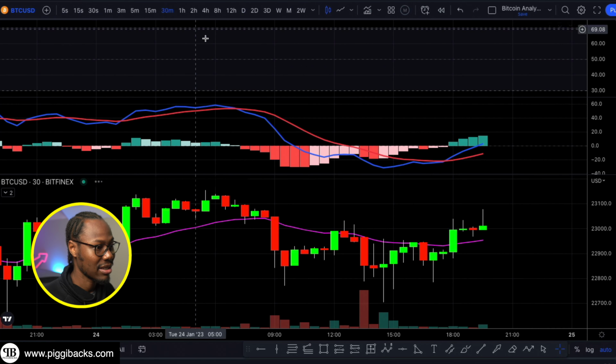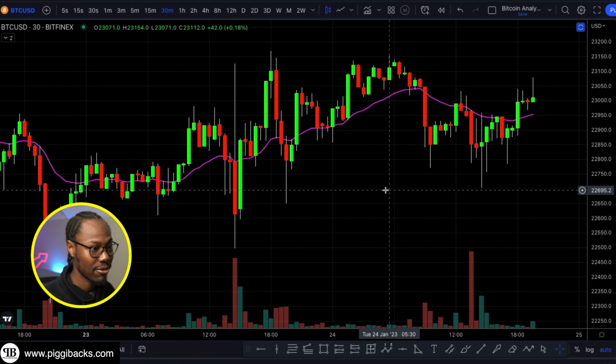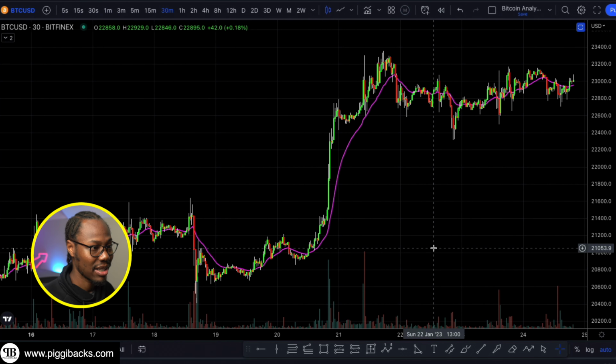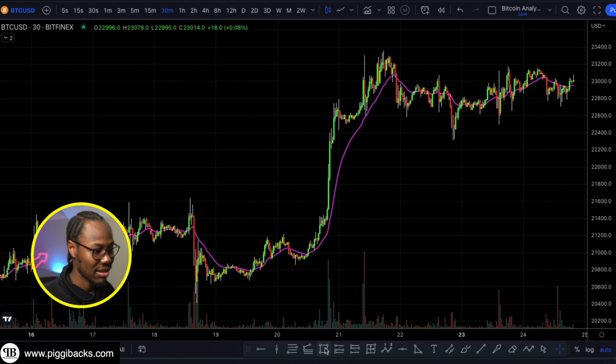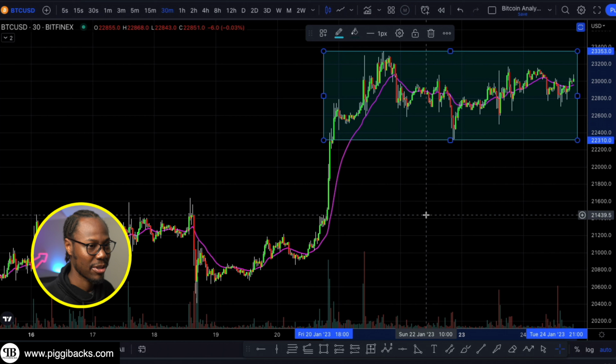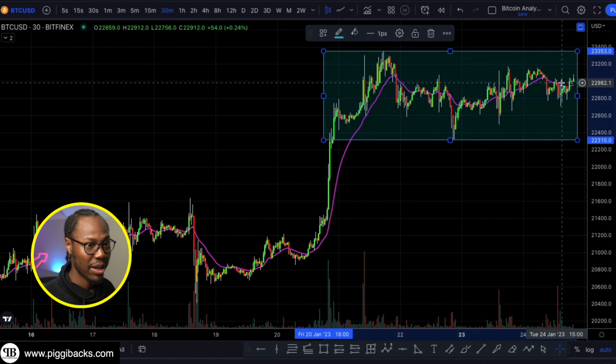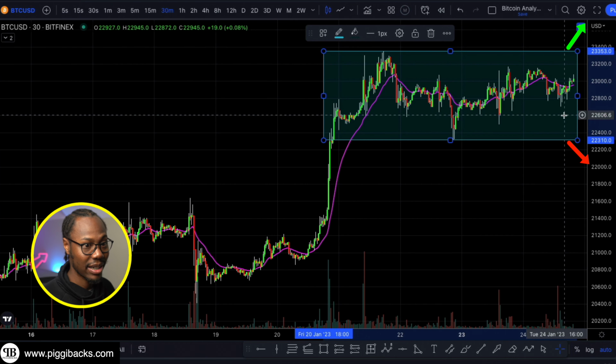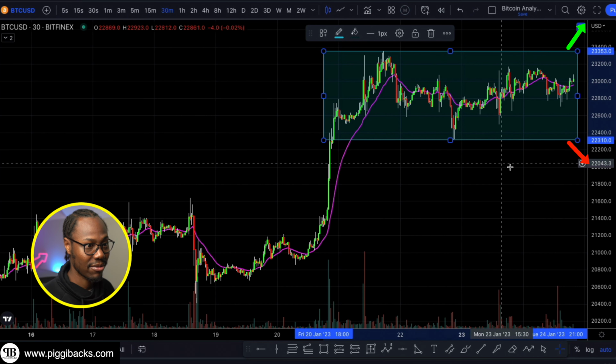So if we come down to a lower time frame, we can see that Bitcoin is currently trading in this range right here. So it's going to be interesting to see whether Bitcoin breaks to the upside or to the downside of this range right here.